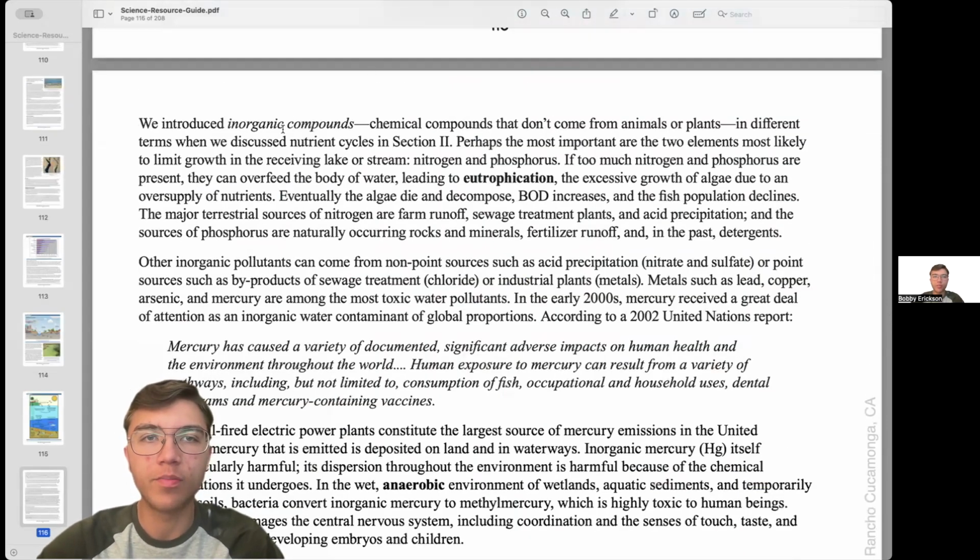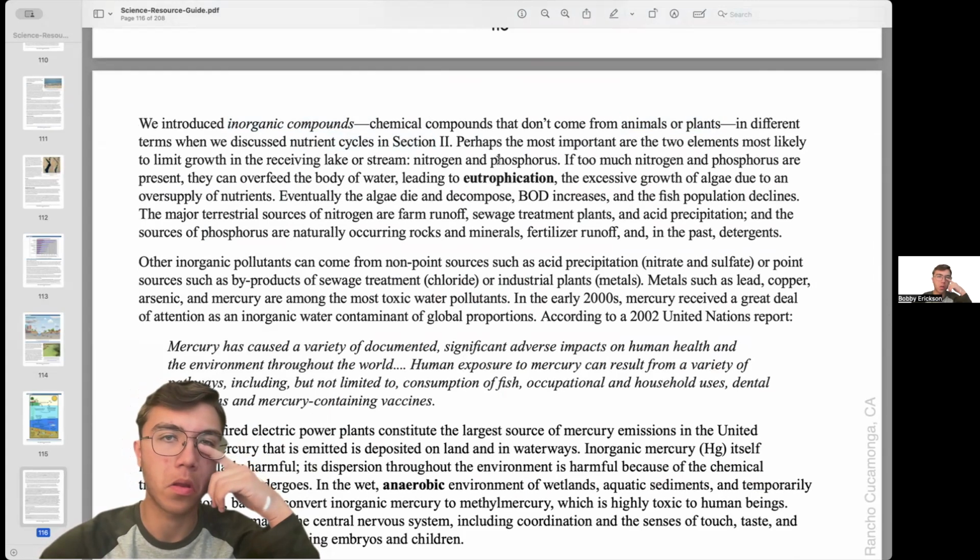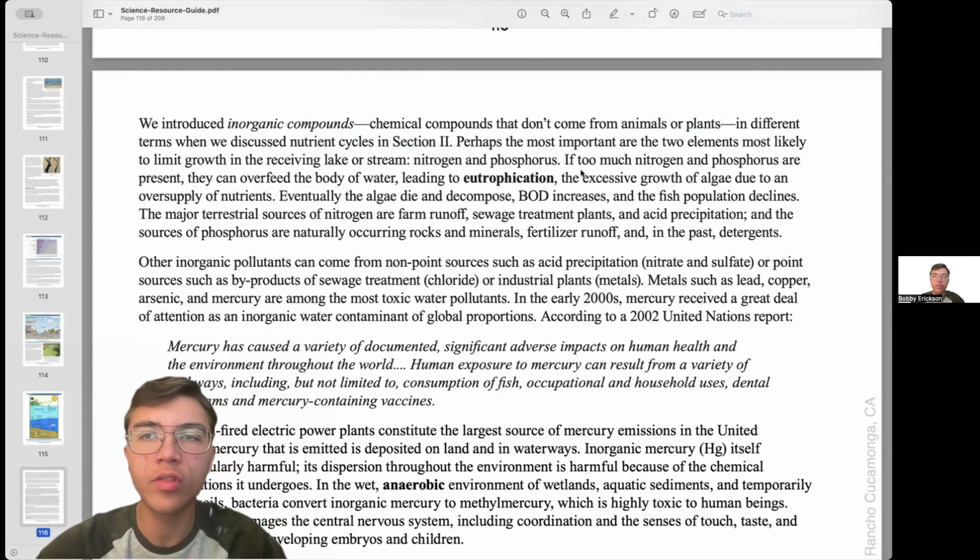Then we should get into pollutants that are inorganic, or those that come from animals or plants. And so we actually discuss these in nutrient cycles in section 2. Two that are most likely to limit growth are nitrogen and phosphorus here. And if too much nitrogen and phosphorus are present, they overfeed the body of water.